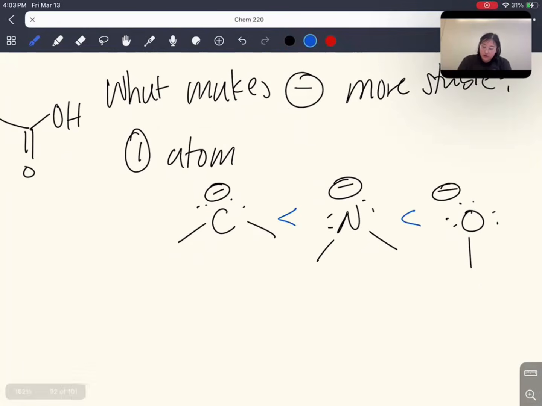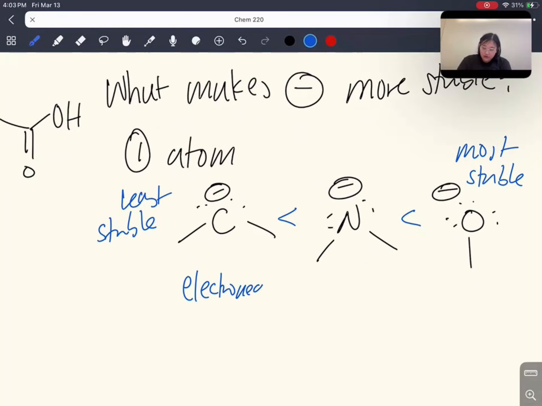A minus charge is the most stable on oxygen and the least stable on carbon. Why is that? Electronegativity. Oxygen is more electronegative than carbon. And nitrogen is also more electronegative than carbon, but less electronegative than oxygen. Because the atom is more electronegative, it's able to better stabilize the added negative charge that we just put on it.